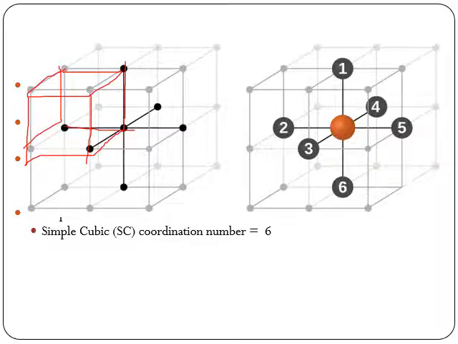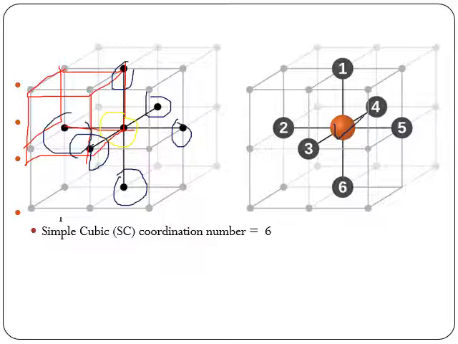Now, if I take this atom, it has surrounding atoms: 1, 2, 3, 4, 5 and 6 atoms. You can clearly see it here also. If I take this as the center atom, it is surrounded by 6 equidistant atoms. Now you take anywhere, even if you take the atom which is here, it also has surrounding atoms.